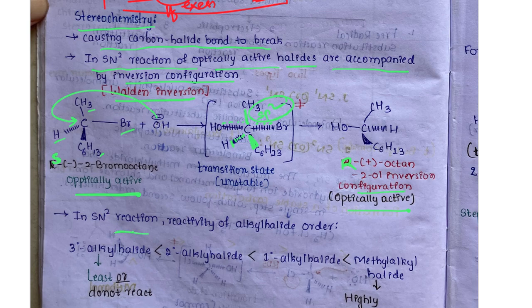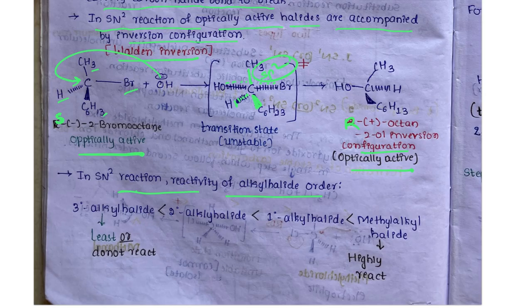Now in the SN2 reaction, the reactivity of alkyl halides. Tertiary alkyl halides are least reactive, or maybe we can consider they do not react, because the nucleophile attacks where free space is available. That's why, keep in mind, tertiary being totally unreactive can also be considered, no problem, or least reactive.